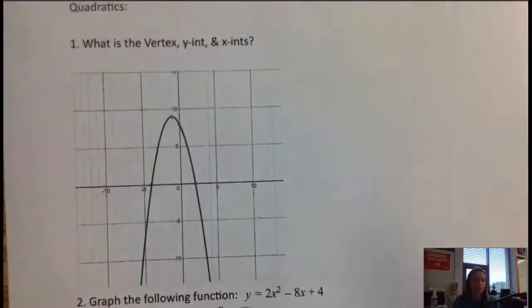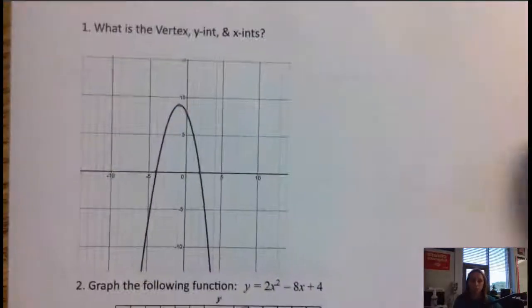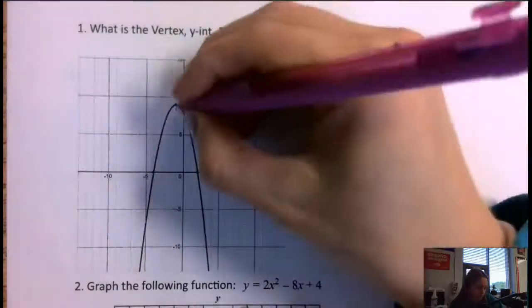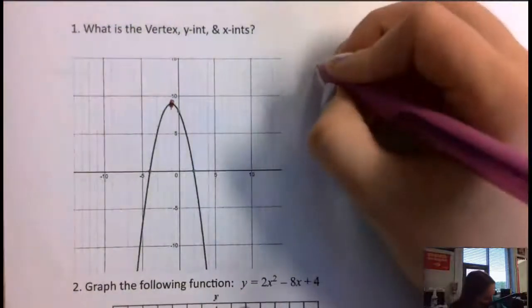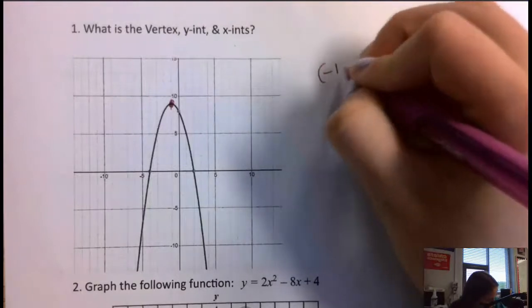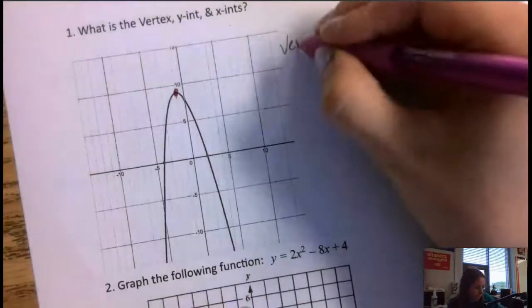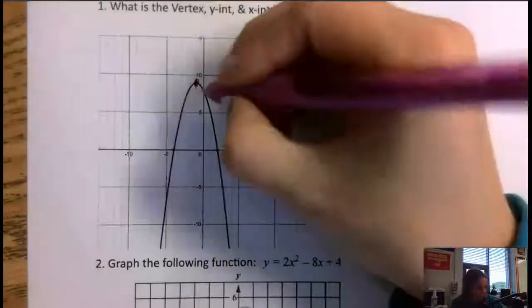Okay, so given a graph, you will need to figure out what's the vertex, the y-intercept, and the x-intercepts. So right here, my vertex is either the highest point or lowest point. So in this case, it is -1, 9. Now the y-intercept, where does it hit the y-axis?